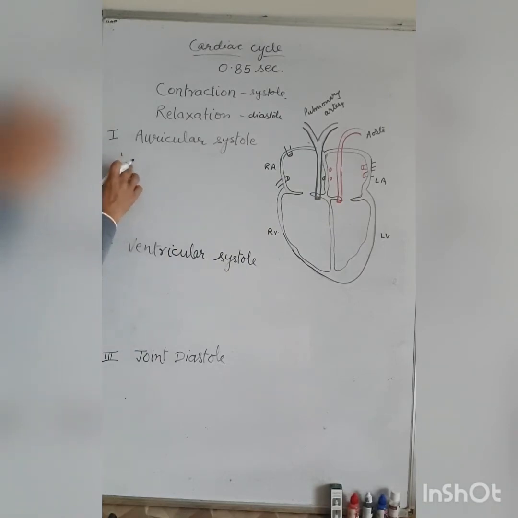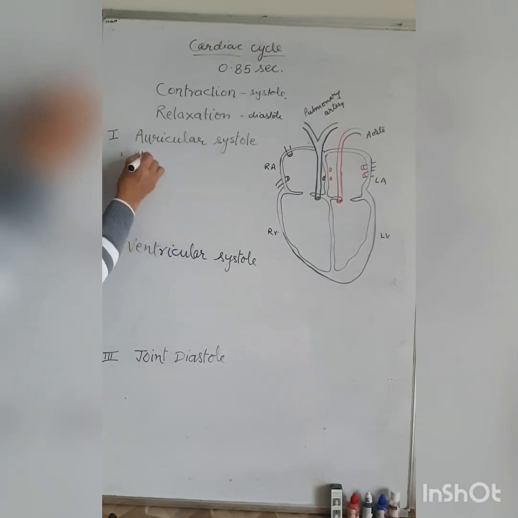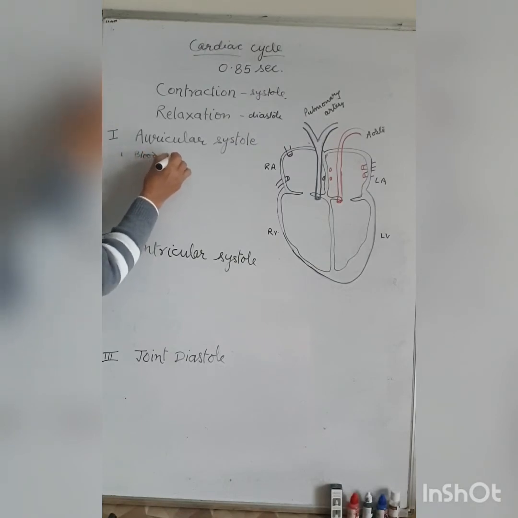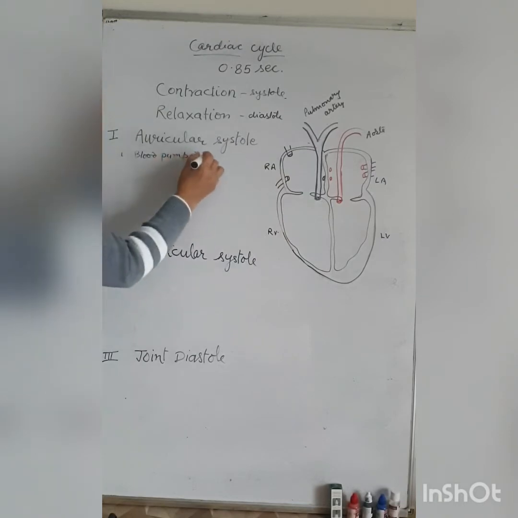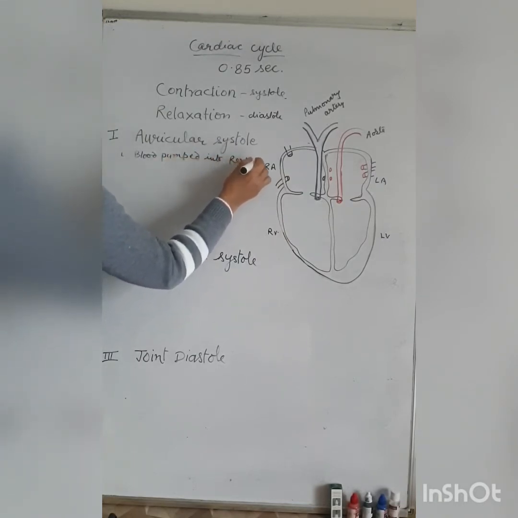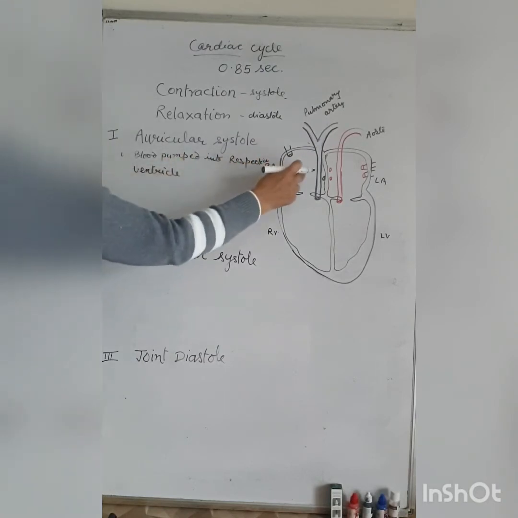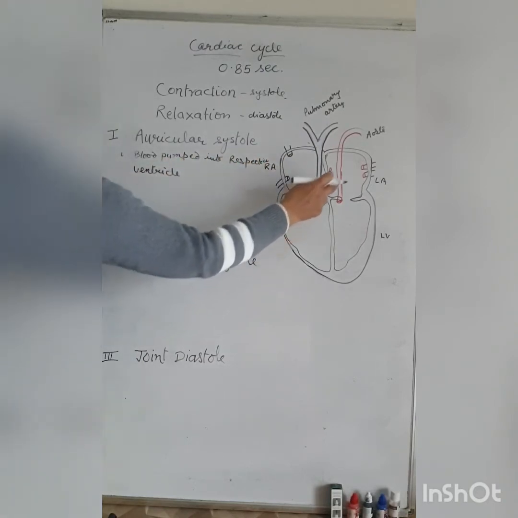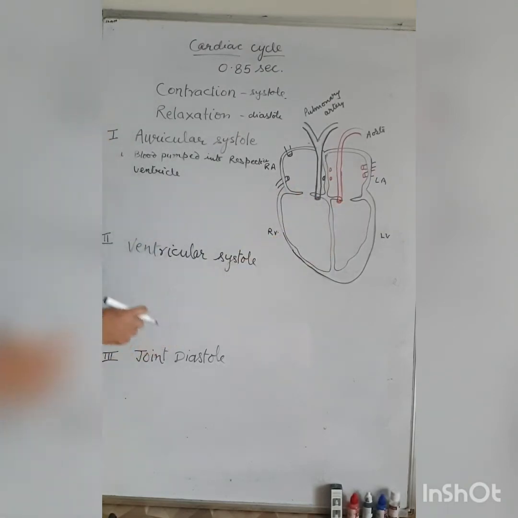So the first event, the blood is pumped into the respective ventricles. The right atrium transports the blood to the right ventricle, and the left atrium transports it to the left ventricle.